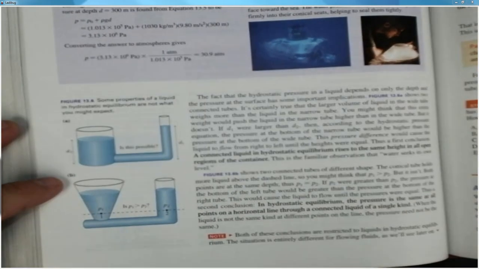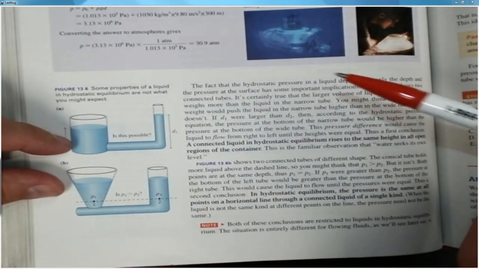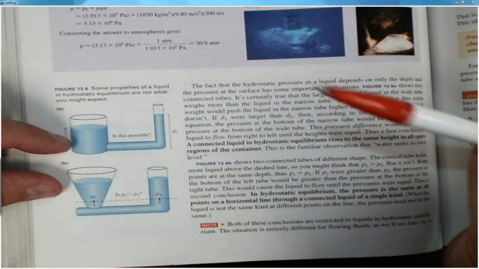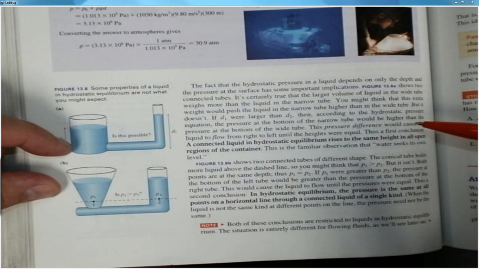Okay, let's look at this picture on the bottom of page 402 in your book. There's a couple important things here. Hydrostatic pressure of a liquid depends only on the depth and the pressure at the surface. There is a principle that water always finds its own level.